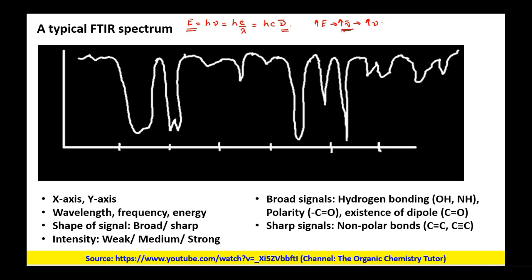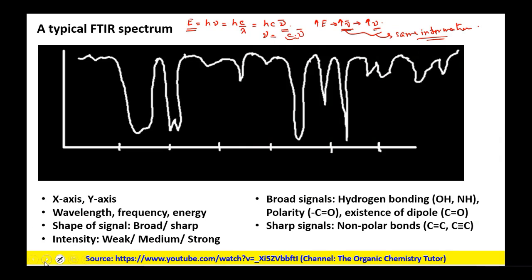Both wave number and frequency provide the same information, because the relationship is nu equals c multiplied by wave number, where c, the speed of light, is a constant multiplier.